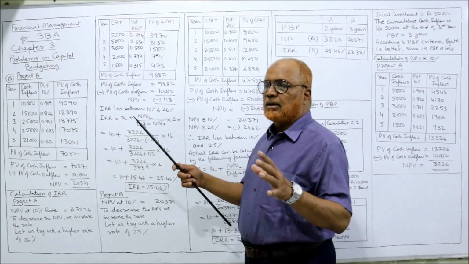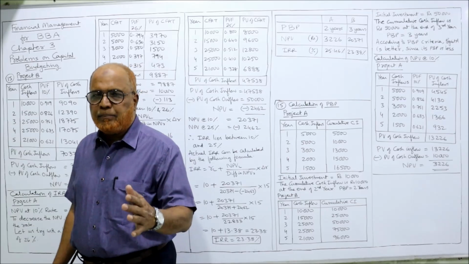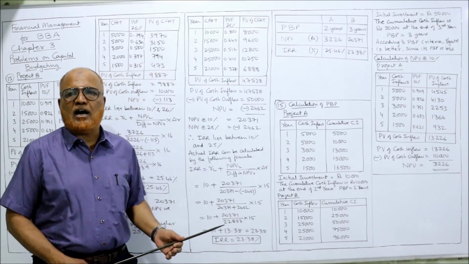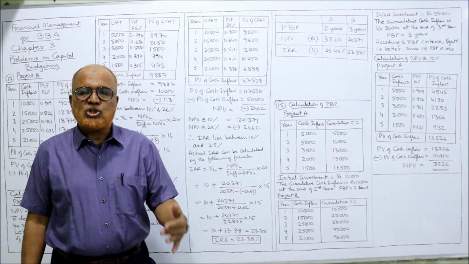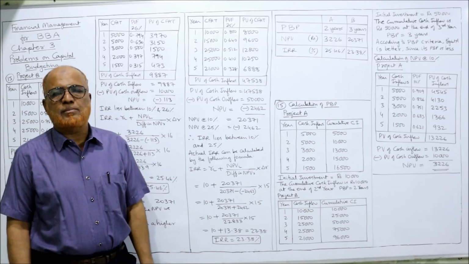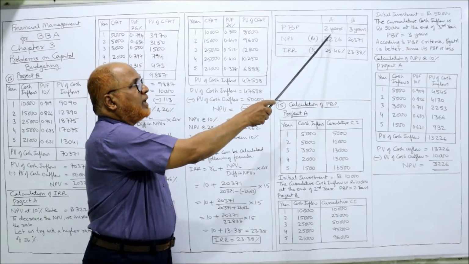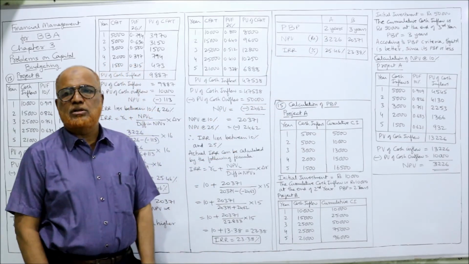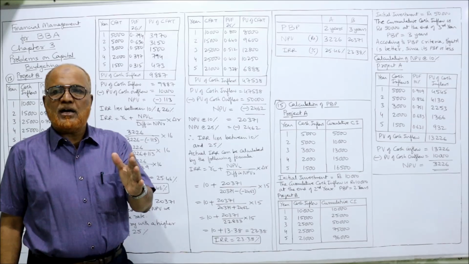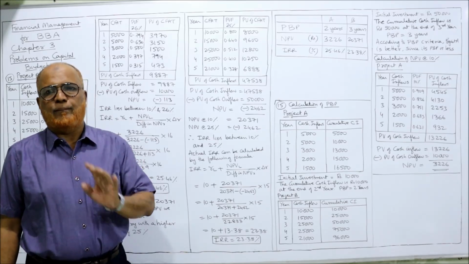So we have calculated the PBP, the NPV, and also the IRR. Now we have to give the suggestion which project should be acceptable. PBP we got 2 years for A project, 3 years for B project, so from PBP criteria, project A is preferable.